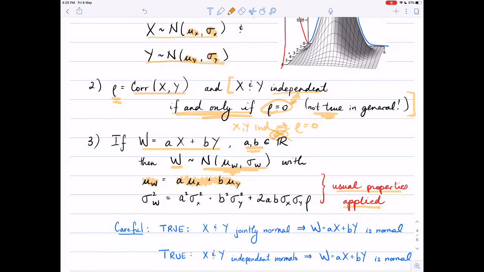The properties of variance, right? The properties of variance where you had a squared times V of X plus b squared times V of Y plus 2ab covariance of XY. Those are the usual properties.